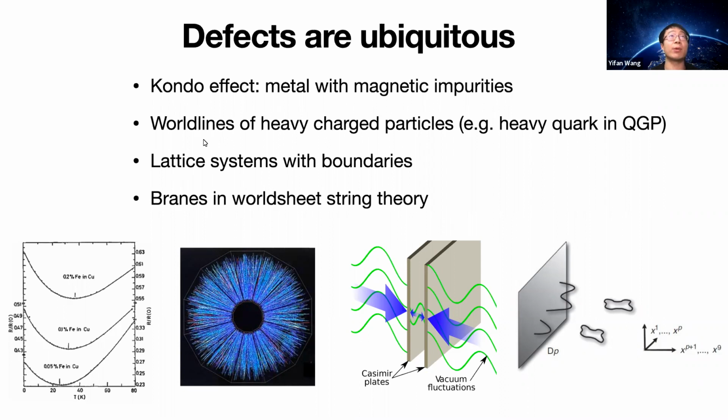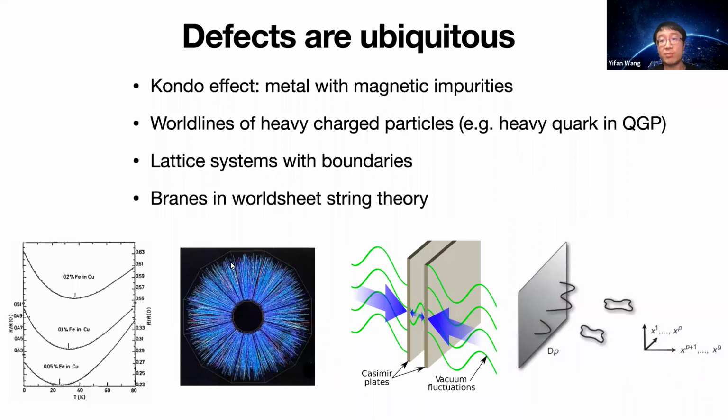Similar important examples of defects also show up in high energy physics, for example as the world lines of heavy charged particles propagating in some medium. One particular example is the propagation of a heavy quark in the quark-gluon plasma. Here is a photo I took from a website for RHIC.